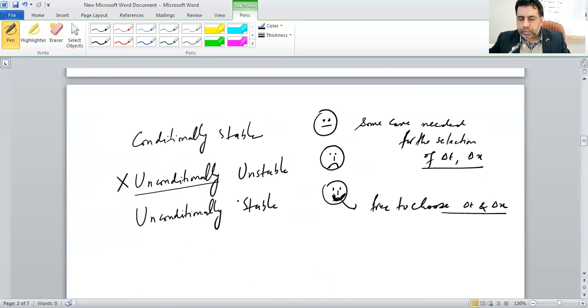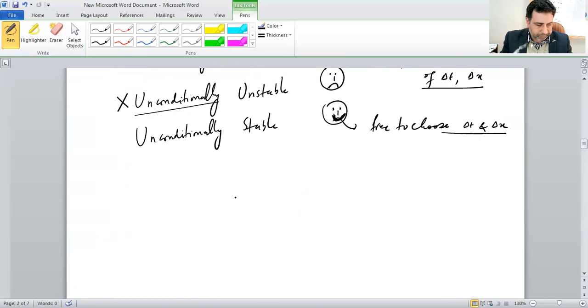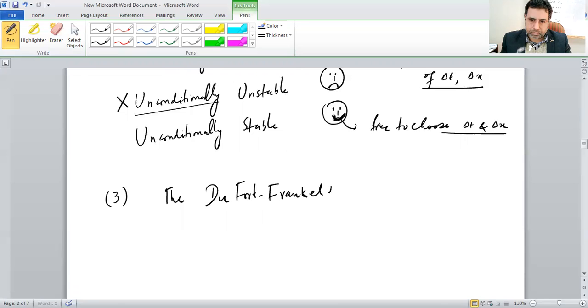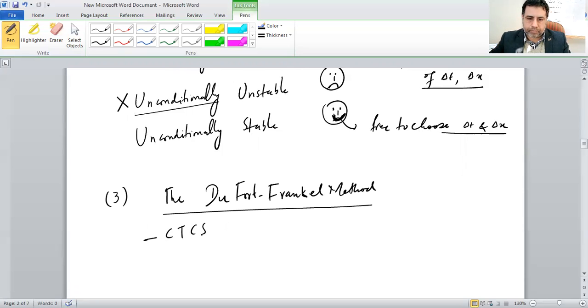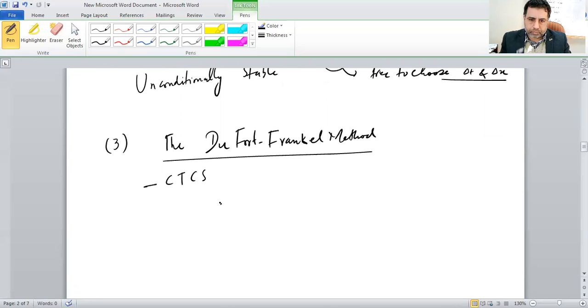So the last scheme from this explicit category, the third scheme that I'll show you, is the Dufour-Frankel method. So again, we will start from the Richardson formulation, the CTCS. Let me write the partial differential equation.